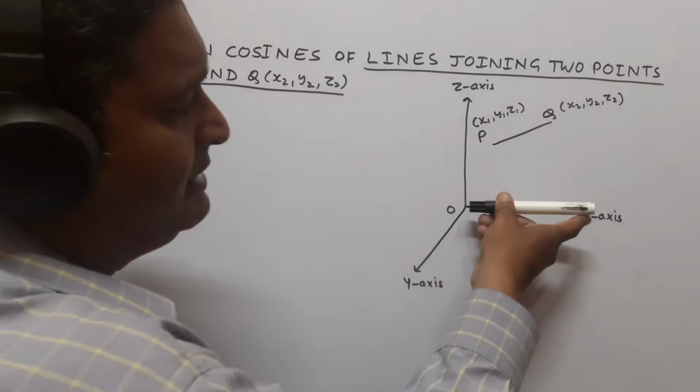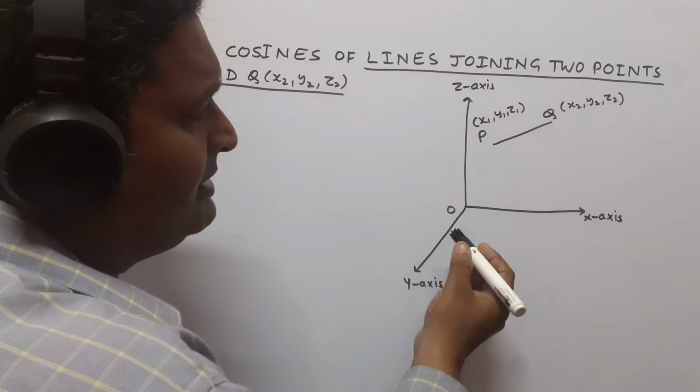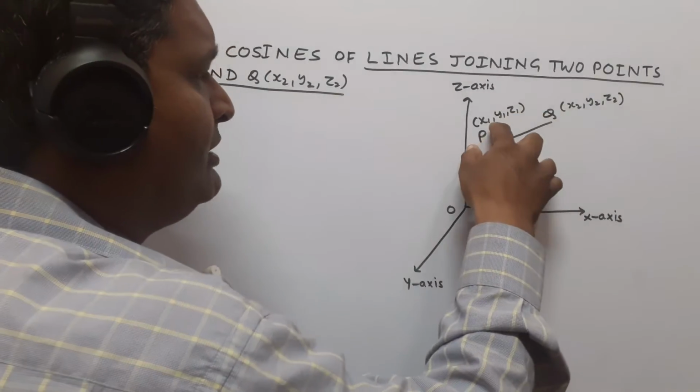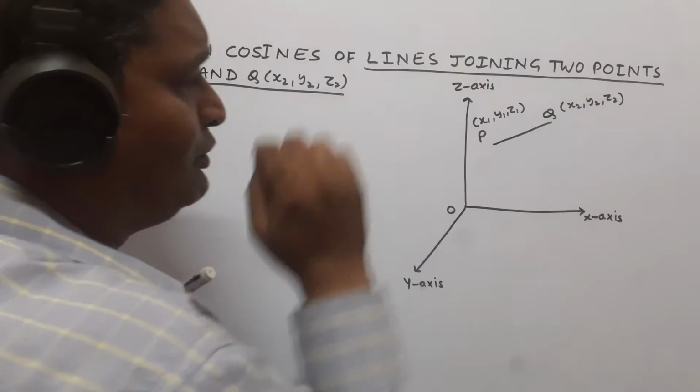P and Q are two points whose coordinates are x1 y1 z1 and x2 y2 z2.